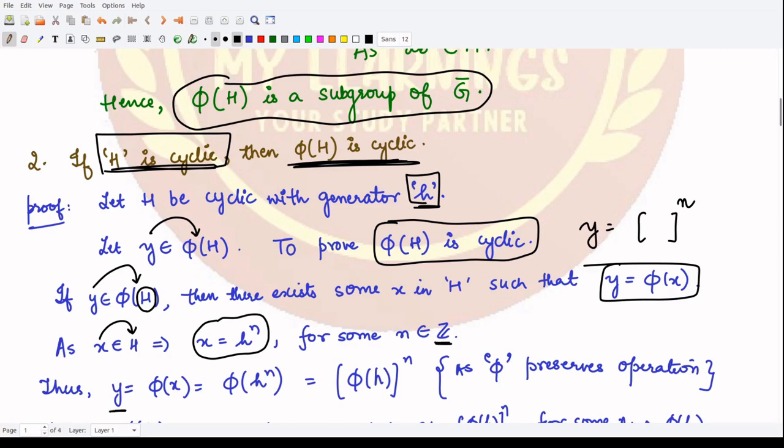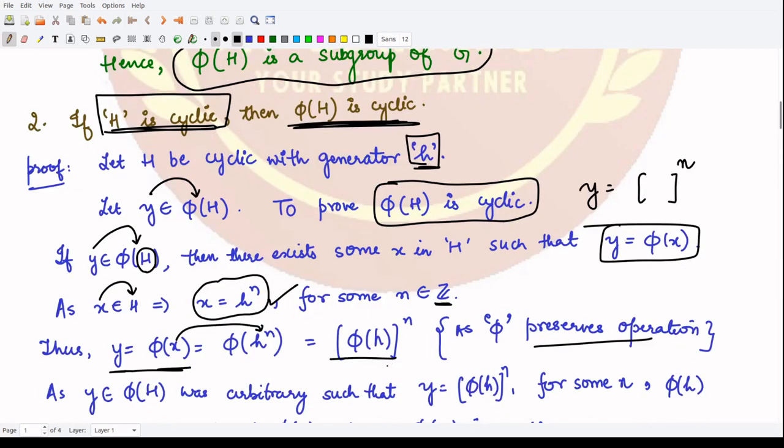So you can write y, which is phi of x. Now you can write x as h raised to power n using this relation. Then using the operation preserving property of phi, because it is a homomorphism, you can write phi of h to the n as phi of h whole raised to power n, correct?